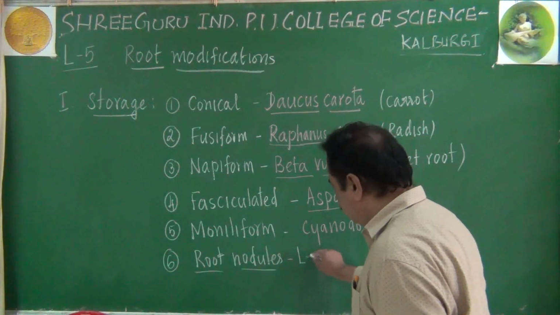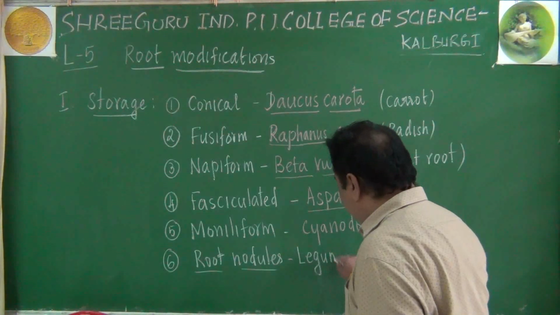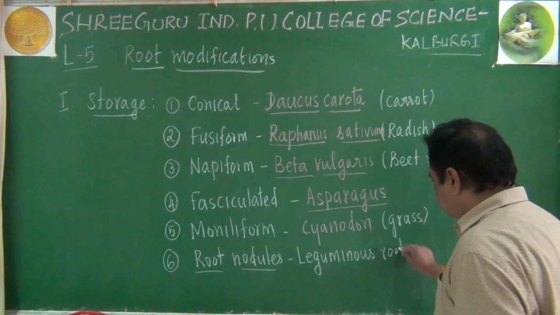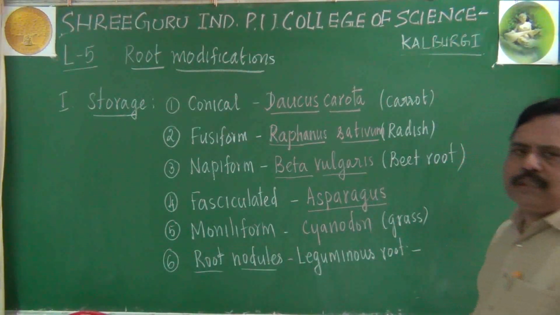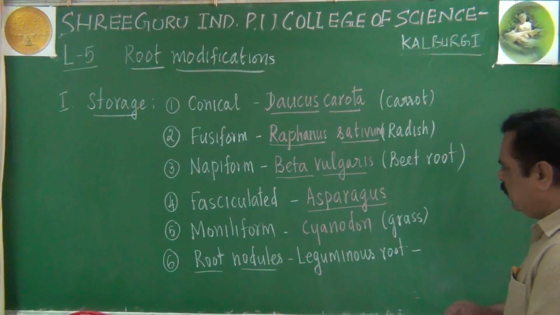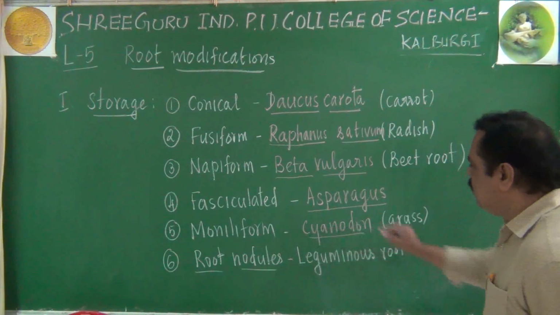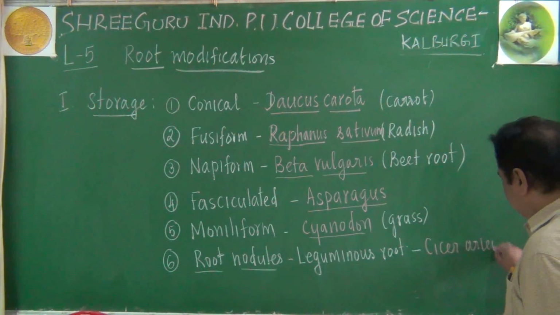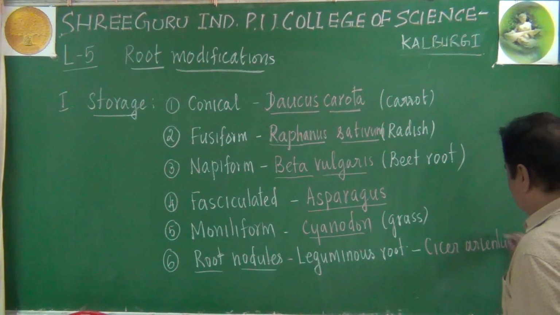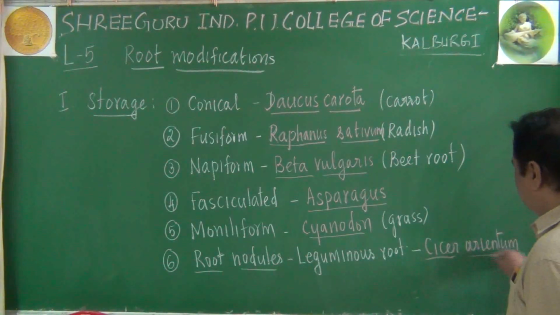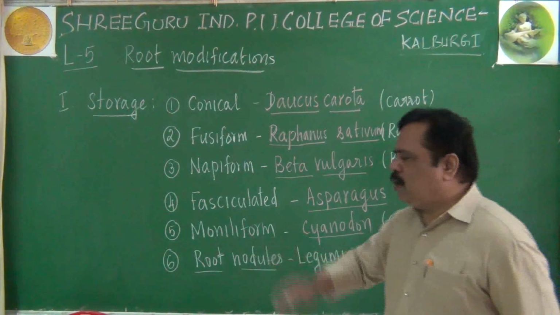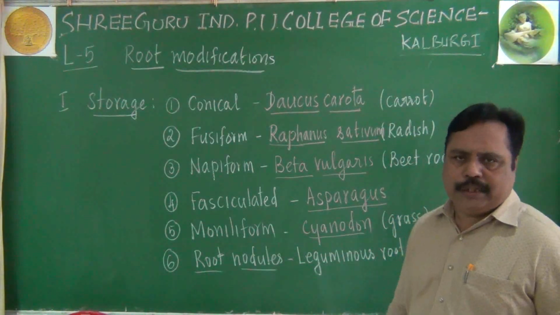They are otherwise known as leguminous roots also. Pulses like Cicer arietinum, which is commonly called tur dal. Okay, that tur dal, it is also a leguminous plant where root nodules are present actually.